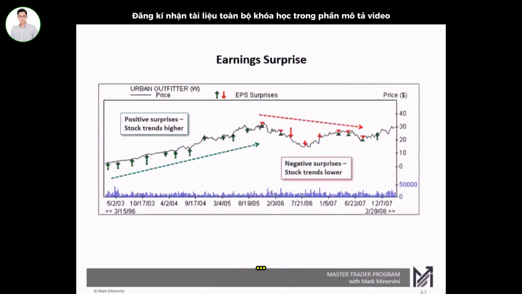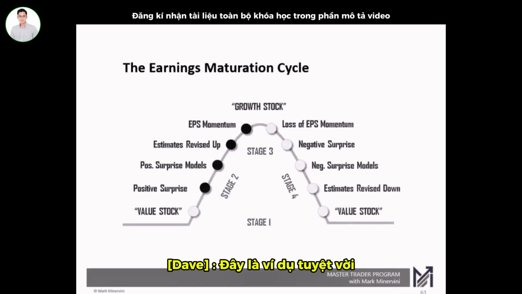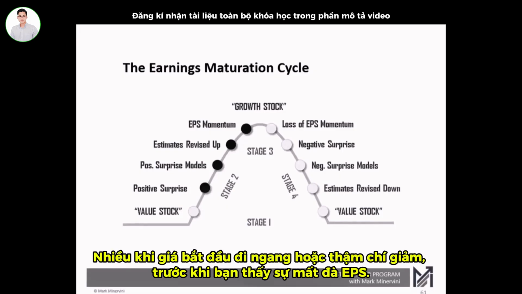I just wanted to add, if you go back to that, I know you wanted to build, and that's a great example of what's going on. But lots of times, a stock will on a price basis have already started rolling over, and really even start into a downtrend before you actually start seeing that loss of EPS momentum.